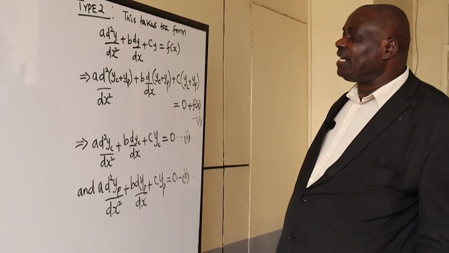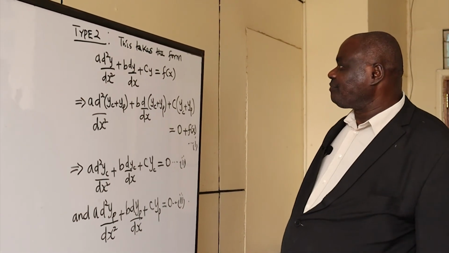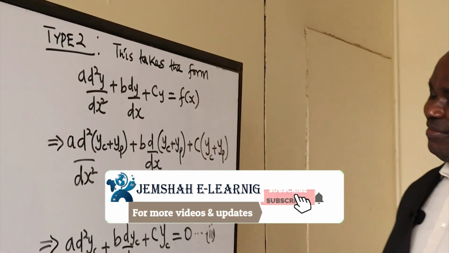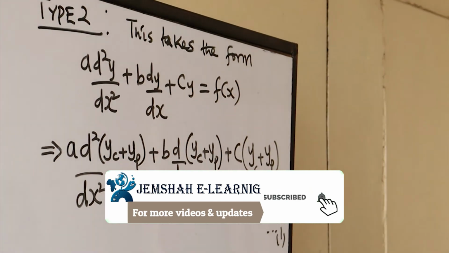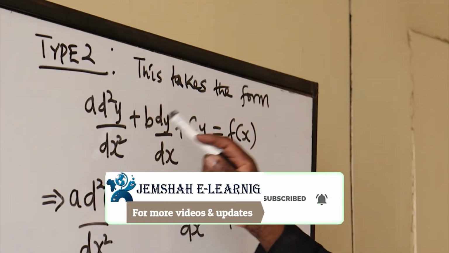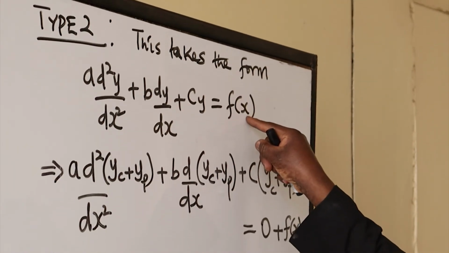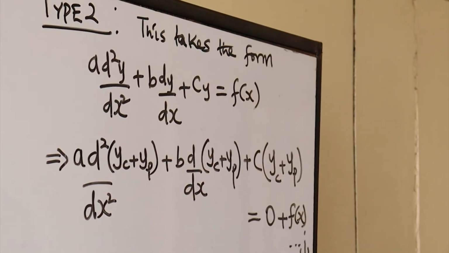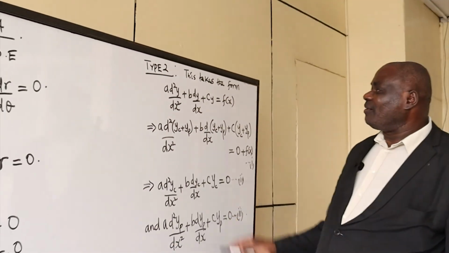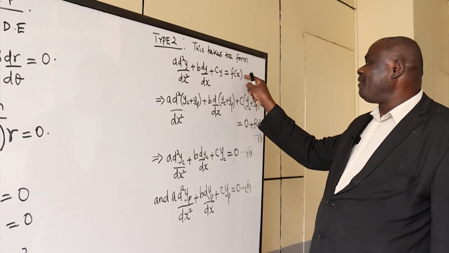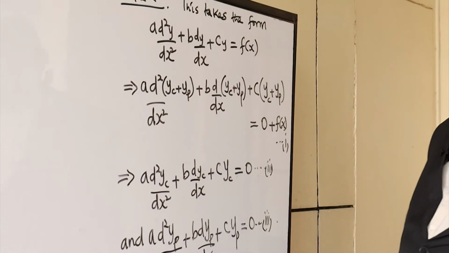So in our type 2, we are now having a linear second order differential equation, which takes this format, where we are not equating to 0, we are equating to another function of x. Now, this particular statement can be written this way. When there is f of x here, we also have a 0.